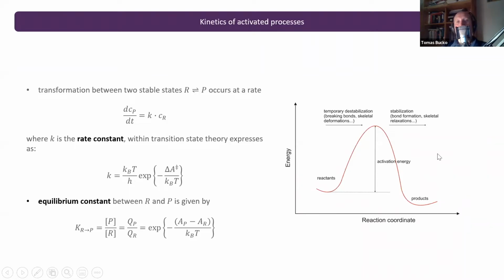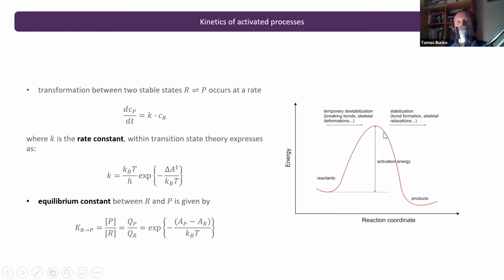The presence of the barrier is there because, of course, in order to convert one stable state into another one, you have to temporarily destabilize the system. You need to break some bonds, maybe you need to do some skeletal deformations. When you do so, you increase energy until you reach the top of the barrier, which is the transition state.